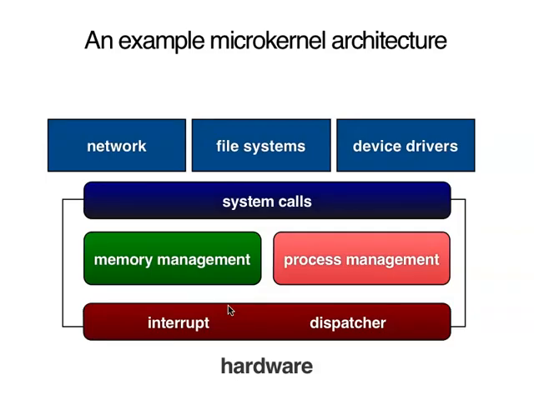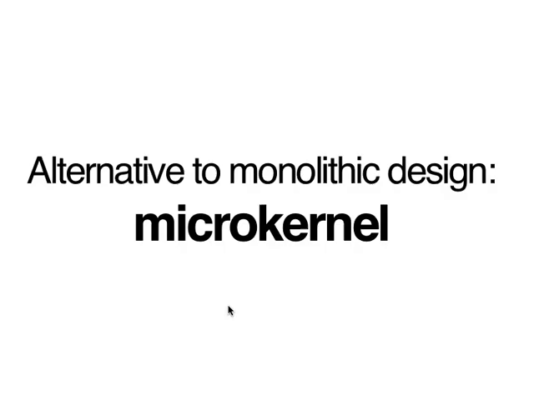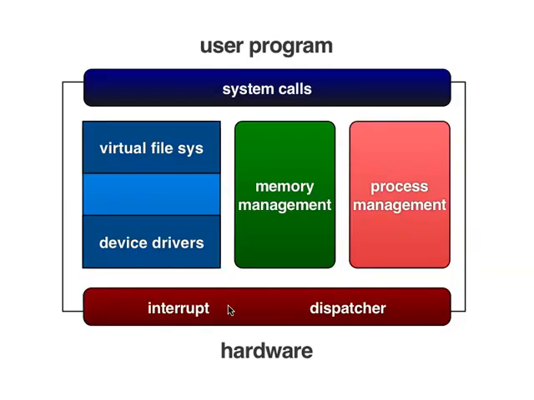Now, what are the pros and cons of this architecture versus that architecture? For a monolithic kernel, the disadvantage is that you have to load device drivers written by a third party into your kernel.